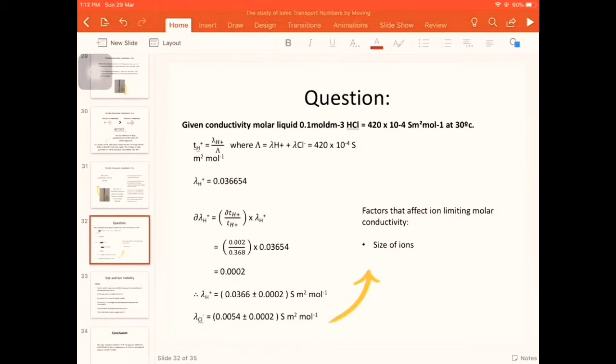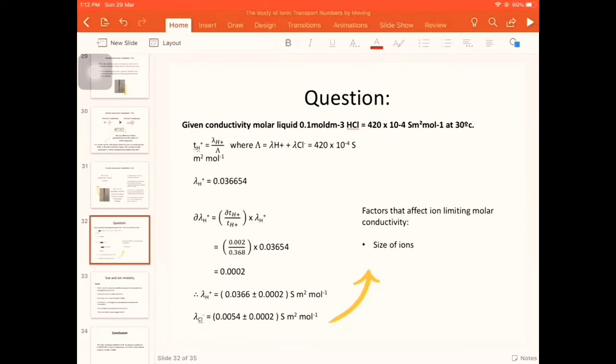Apart from that, we've been given questions, as you can see on the screen now. This is the question that we got. From this mathematical equation, we do calculations and we notice that the factor that affects the limiting molar conductivity is the size of the ions.